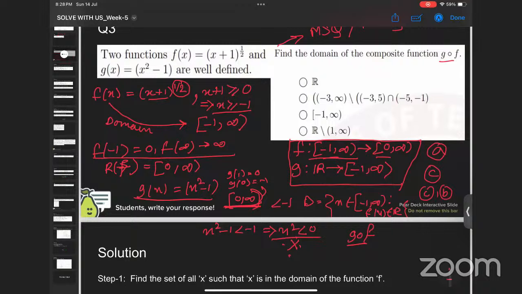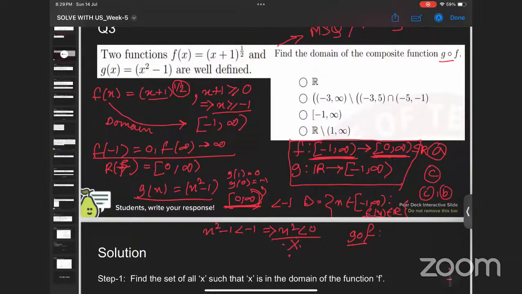Now f of x is always in the codomain or range of f, and 0 to infinity is clearly a subset of R. So if we take any point from here, then f of x will be in R.